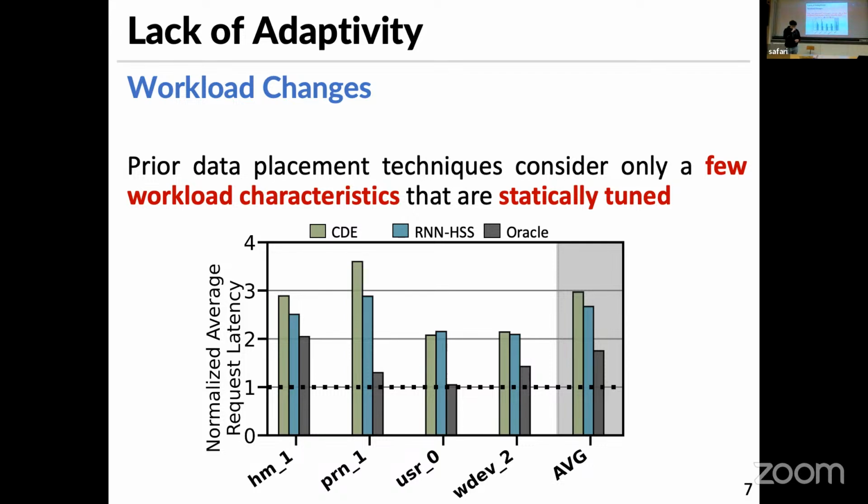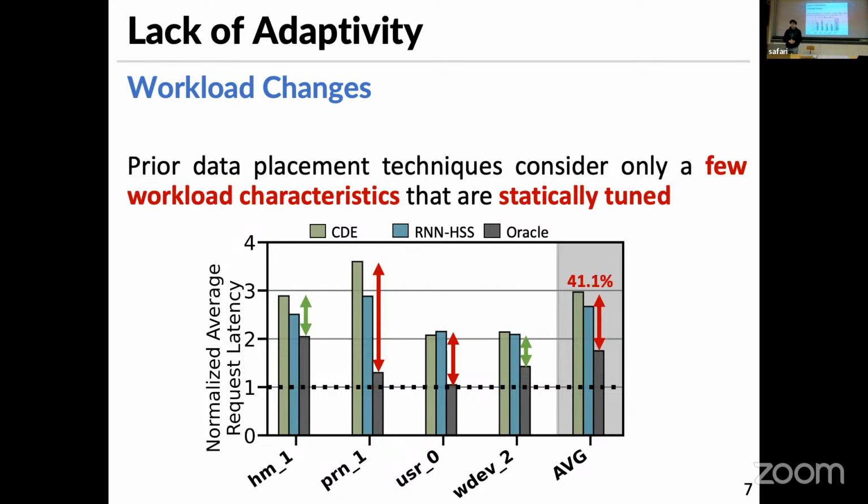And you can see on some workloads, they're doing rather well. You can see these 2 workloads, it's pretty close to the Oracle policy, which is the best possible latency it could have. Whereas on other workloads, the 2 data placement strategies are just very, very bad, or at least differing much more from the Oracle policy than in the first 2 workloads, which leads to an unsatisfactory average.